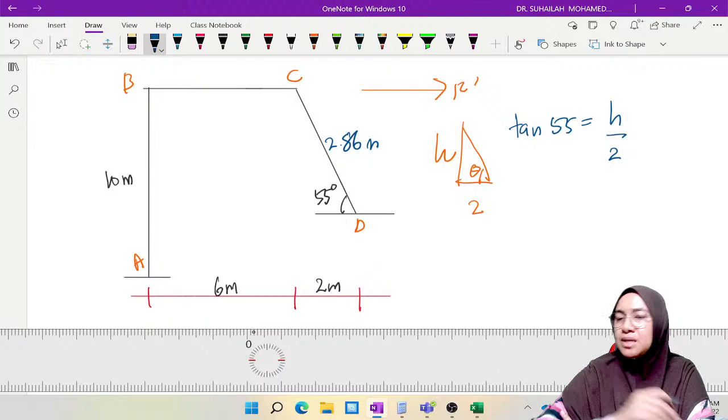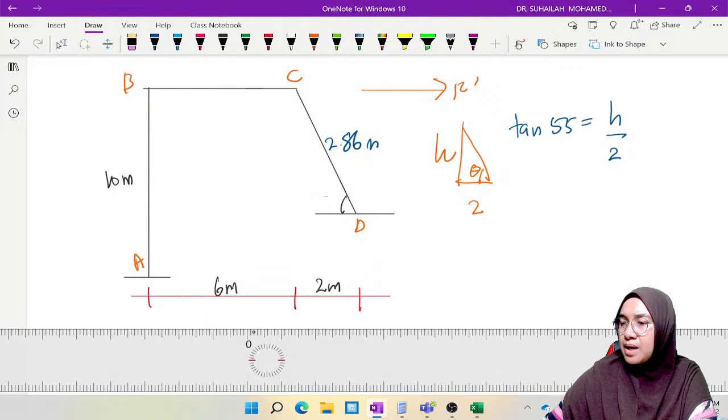2.86. If it feels too small, we change the size. So I change this.